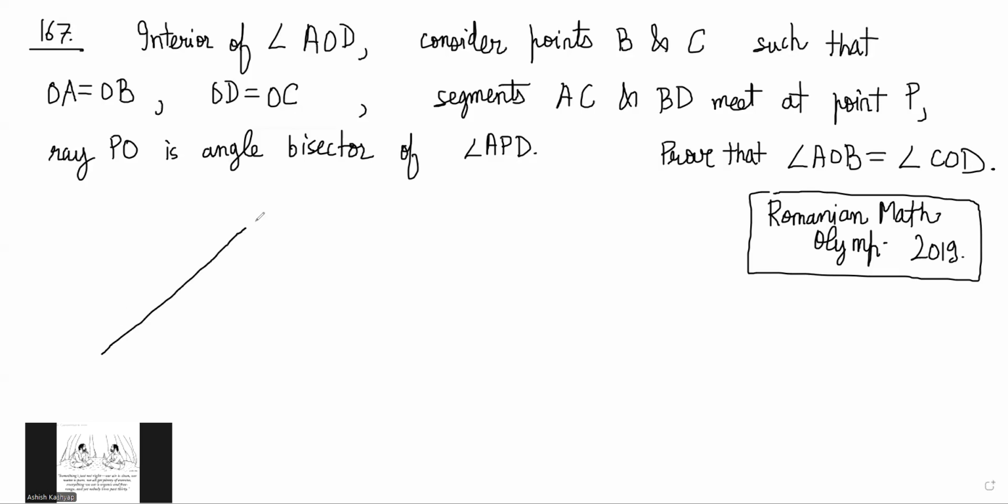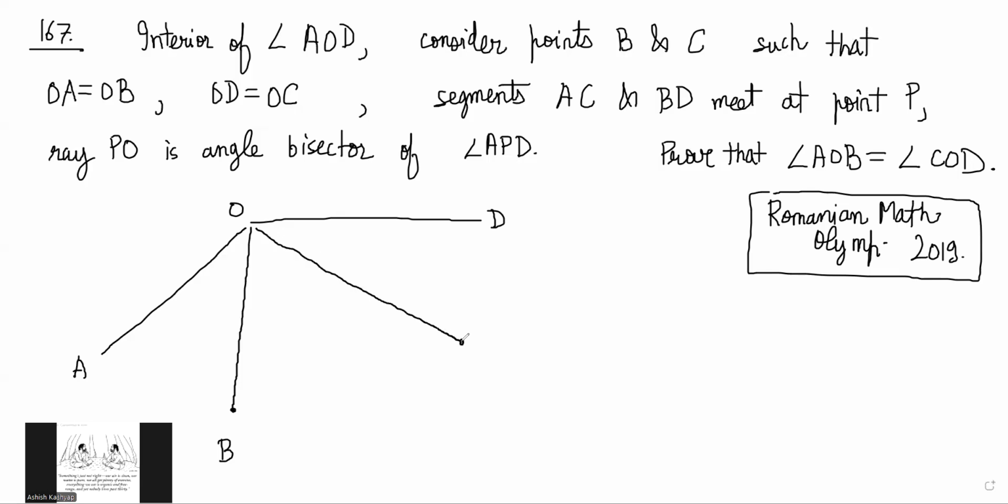We'll make a big angle so that we have space. AOD and OA is equal to OB. So this equal length I will draw somewhere here like this. This will be my B. And similarly, equal length here, OD is equal to OC. Somewhere here C.